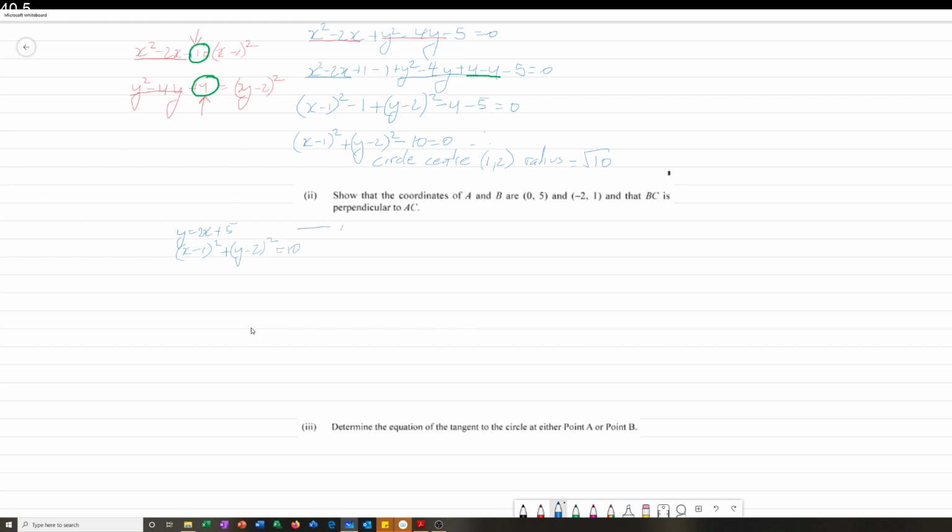So I have two equations, 1 and 2. So if I have to find the coordinates of A and B, or show the coordinates of A and B as (0, 5) and (minus 2, minus 1), then I must make this substitution, or I must substitute equation 1 into equation 2, which is the easier to do.